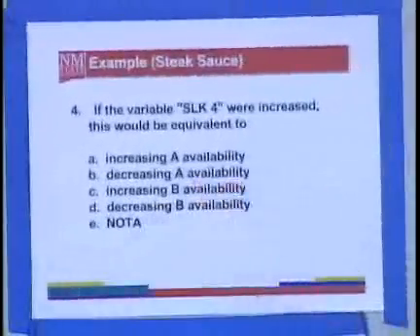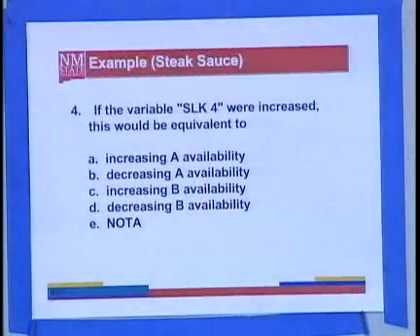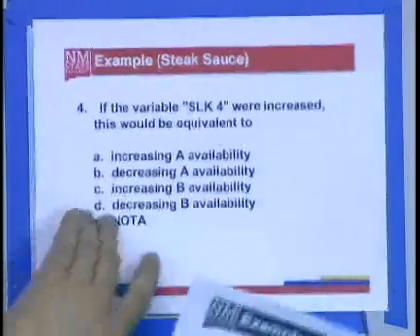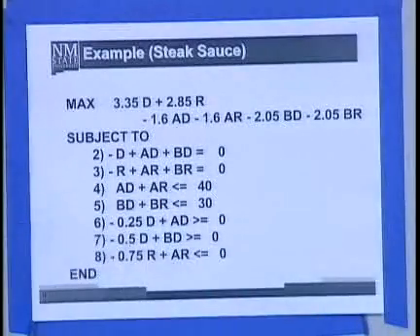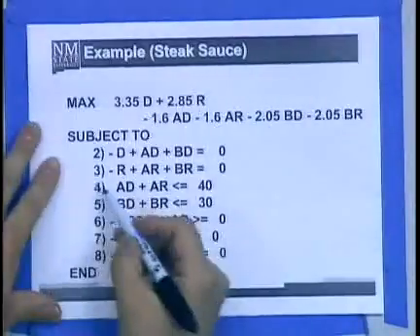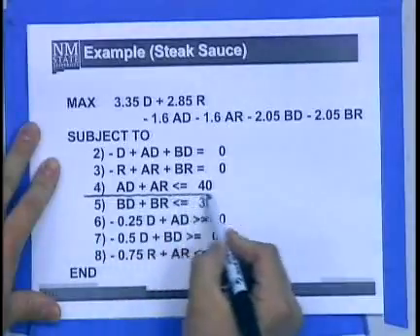Okay, what about number 4? Which of the following is equivalent to increasing slack variable 4? So we need to consider row number 4, which is a resource constraint for ingredient A, right?